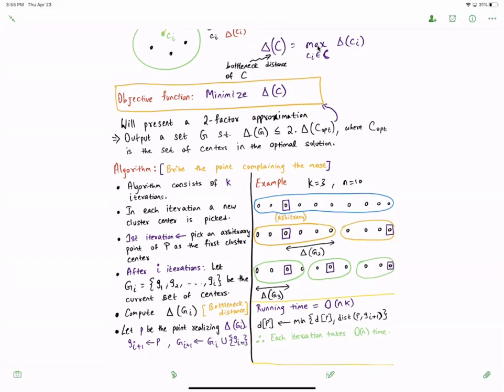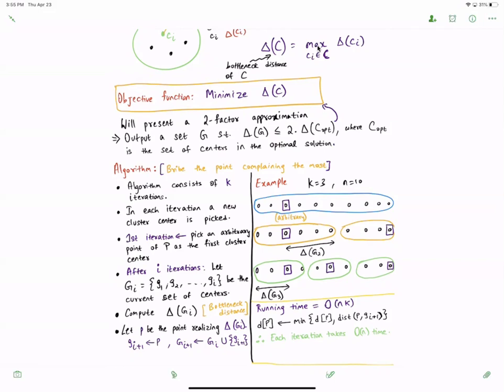I think this might be a good time to go to the right half of the screen and look at the example. Here there are n equal to 10 points and k is 3, which means I want to create 3 clusters with 3 centers. In the first round, I pick an arbitrary center, so I just chose the third point from the left.